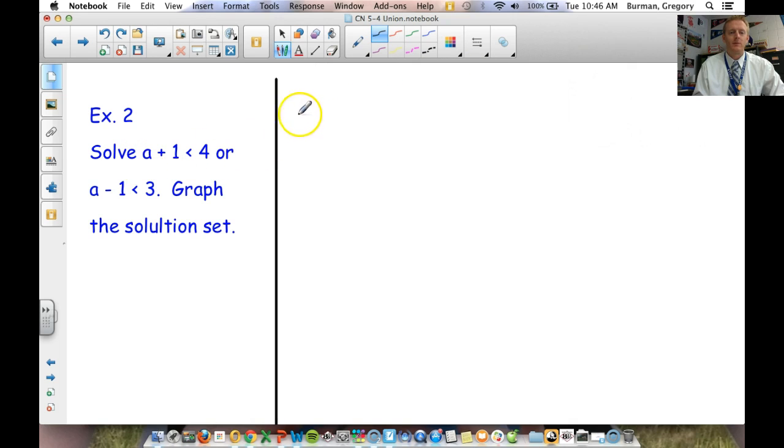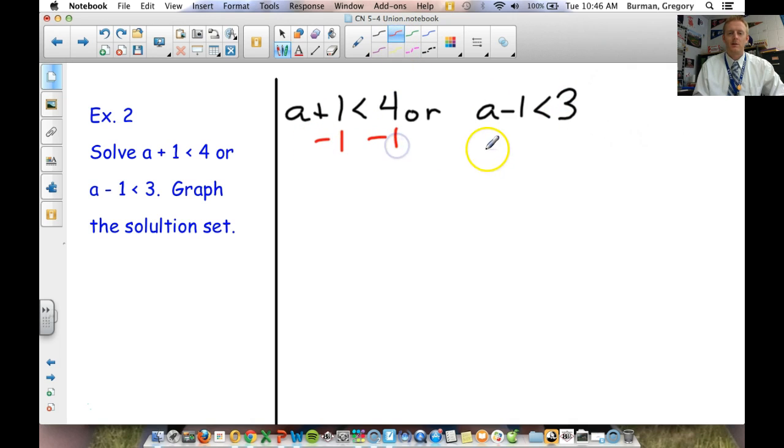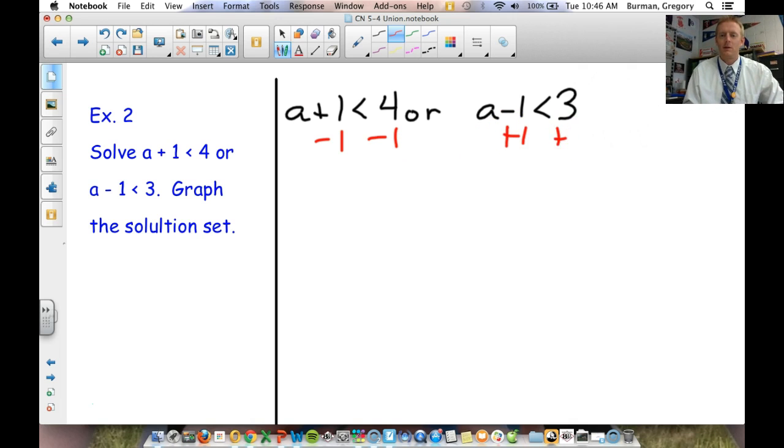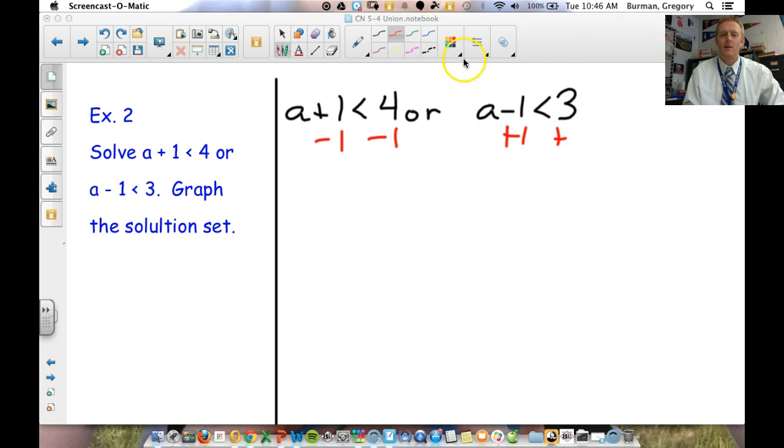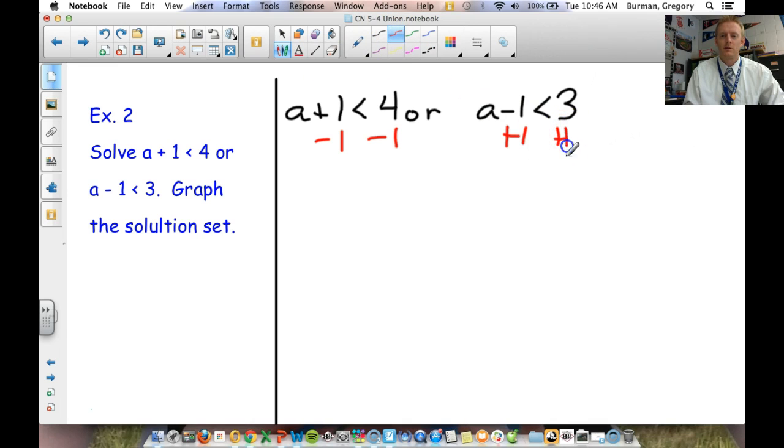Next problem, example 2. We have a plus 1 is less than 4, or a minus 1 is less than 3. So minus 1, plus 1, plus 1. I'm going to see if I can get these all done at one time. Plus 1.